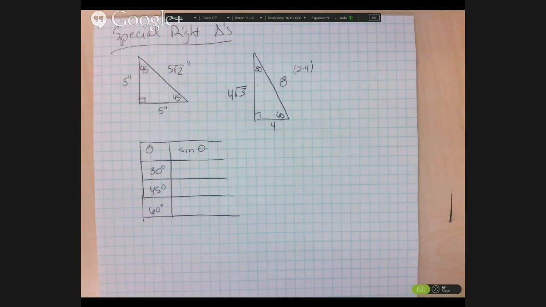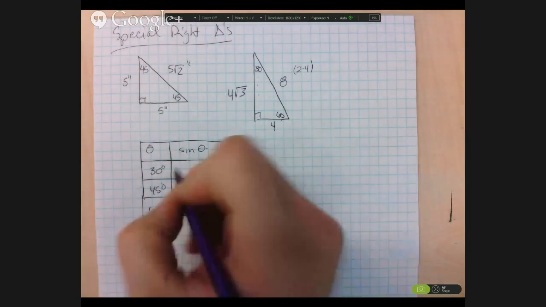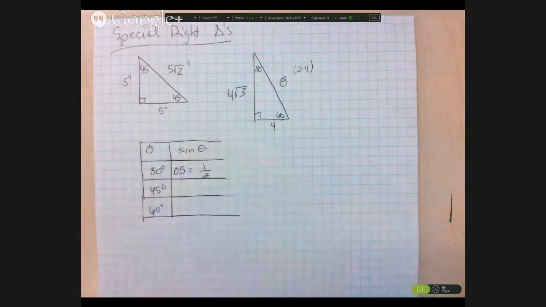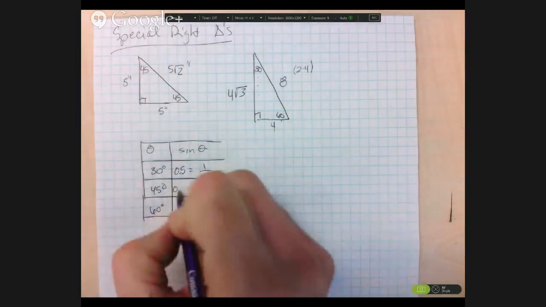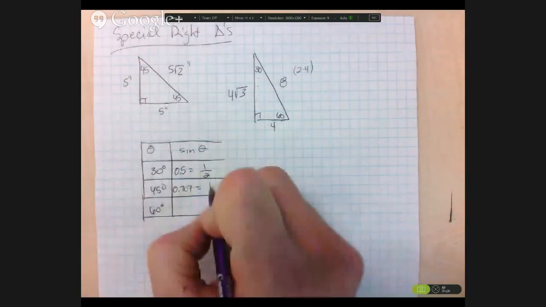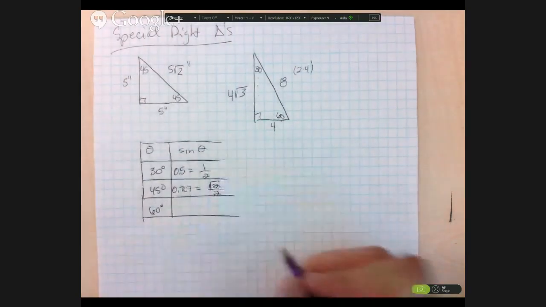Okay. What's the sine of 30? Okay, we're going to start writing those as fractions. Okay. What's the sine of 45? Does anybody know the fraction equivalent? Okay, root 2 over 2.